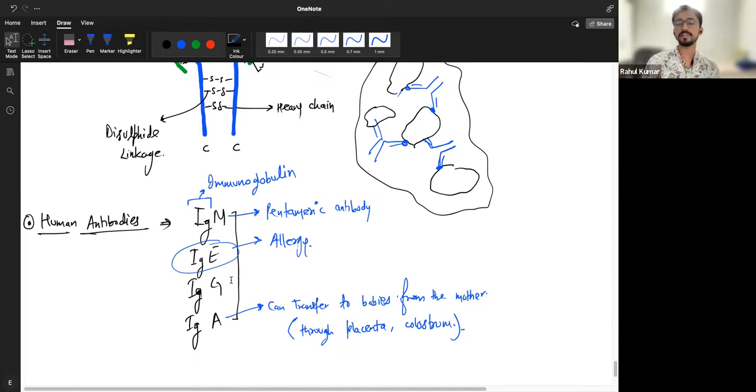So whatever infections we have gone through till now in our life, it's possible that we have antibodies against them stored as a memory in our body. That's why next time when the same pathogen attacks, we can mount a better response. Is it clear, everyone?